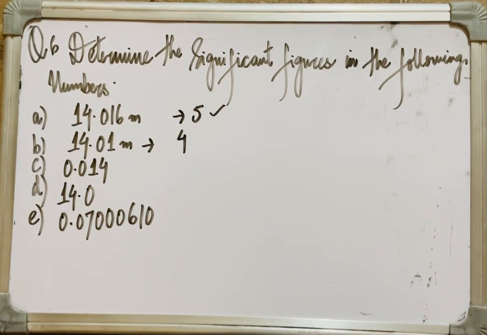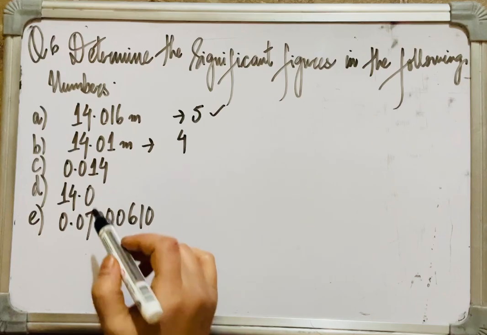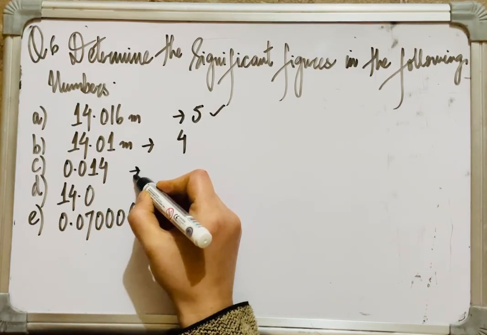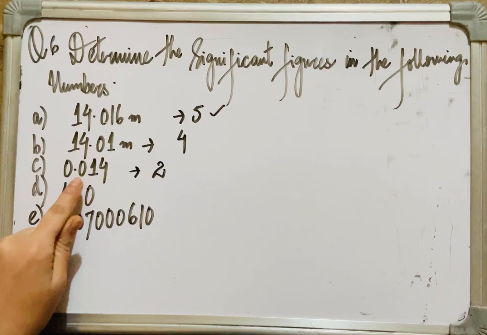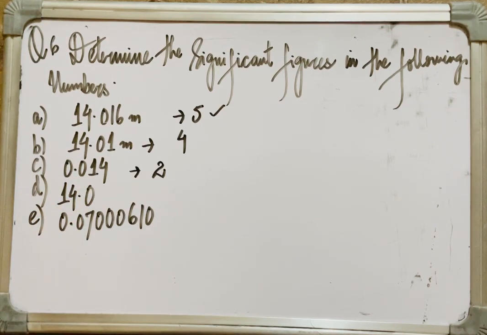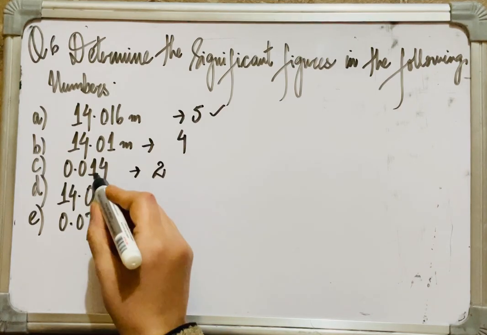By the same rule, the zeros in between the digits are significant. Next one has how many significant figures? 1 and 2. Why? Because zeros at the beginning are not significant. That's why the 0 is not significant, and hence this number has only 2 significant figures, 1 and 2.